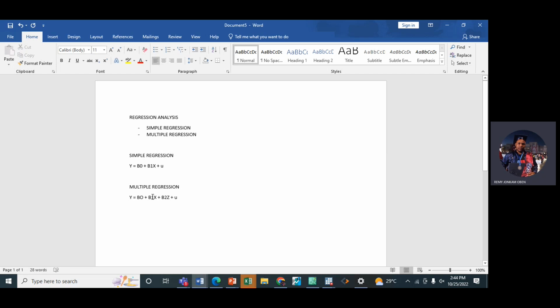For multiple regression, you see here this independent variable x and this is independent variable z. So you see that we have more than one independent variable, that is more than one regressor. So we have two here. It must not be two, it can be 3, 4, 5, but just know that it is more than one. Okay. So you notice that with simple regression, we have just two variables.